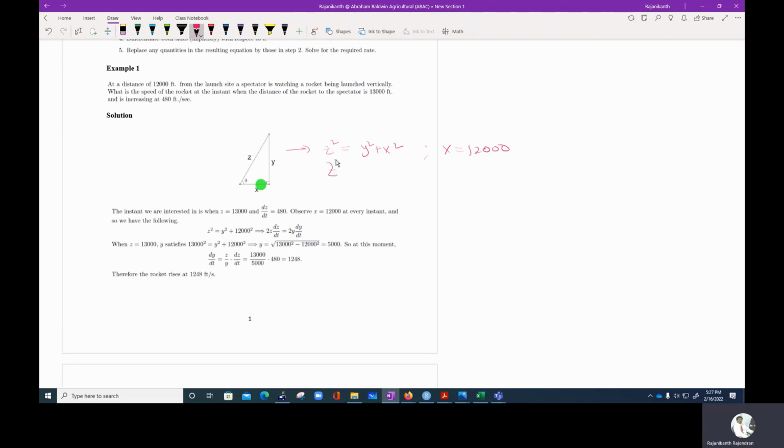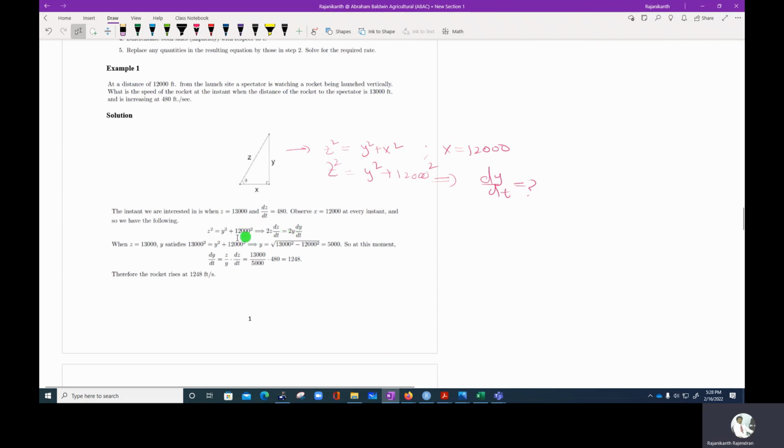So if you plug that into this formula, you will get 12,000 squared. Now the question is finding the speed, so you have to find dy over dt. That's your task.